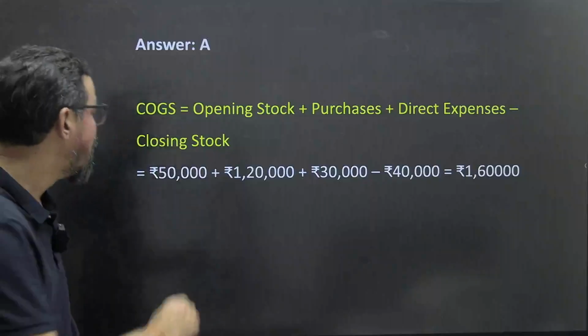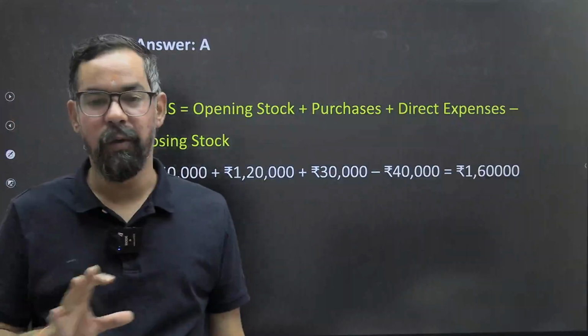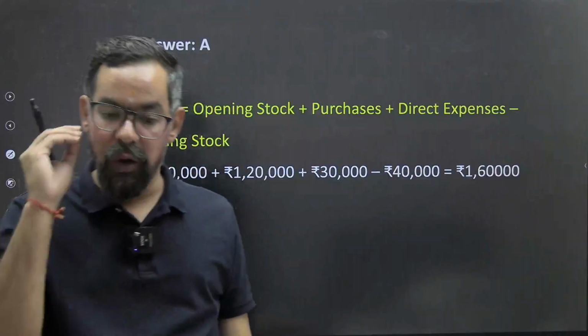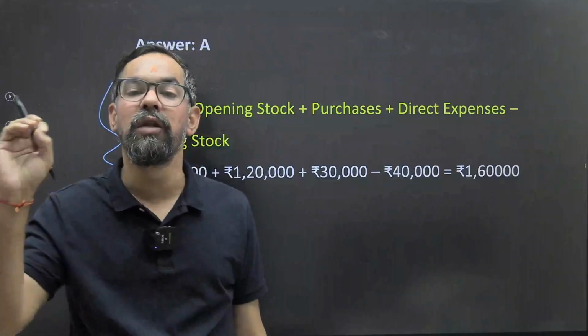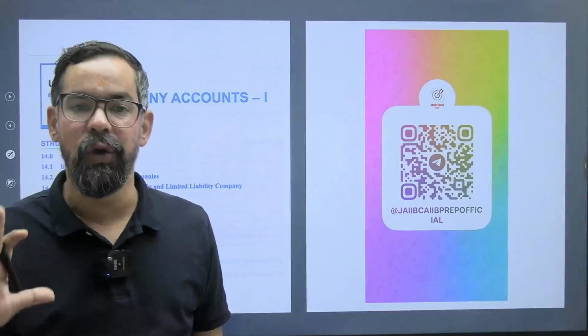These types of questions you are going to face. Very simple. You do not have to worry about these things. Your focus should be on the concept part. If you know the concept well, you will easily be able to manage these.